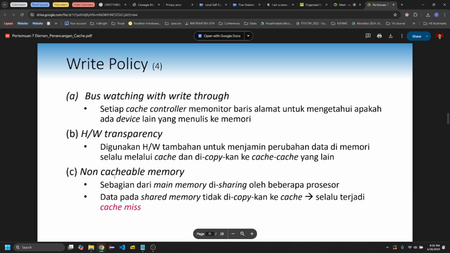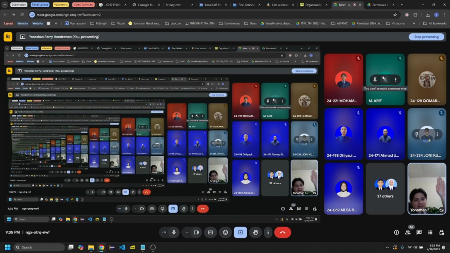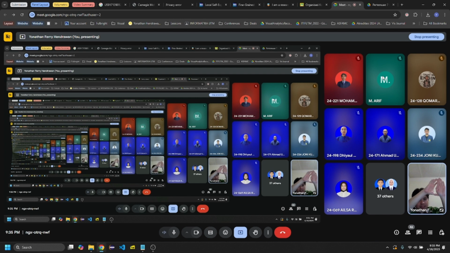So the non-cacheable memory here allocates a part of the main memory that cannot be cached. So every single processor, if they want to share data, will use this part. They will not use their own cache.